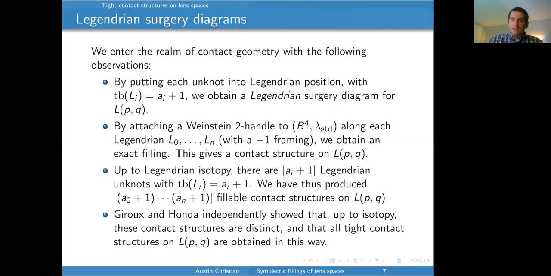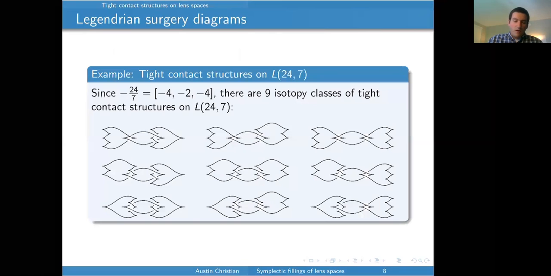So now we want to classify all of those. But first, why don't we see a picture with an example of this classification. So here are the 9 tight contact structures on L(24,7). Since -24/7 has this continued fraction expansion, -4, -2, -4, that means there are 9 isotopy classes of tight contact structures.